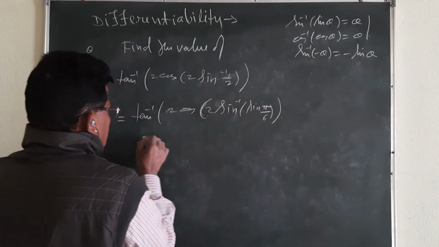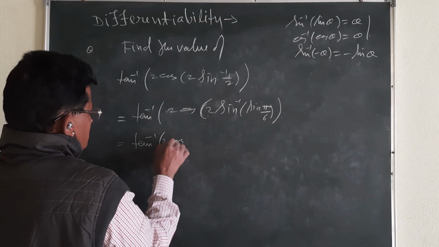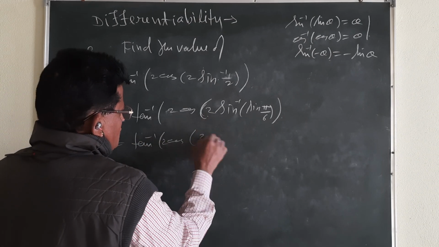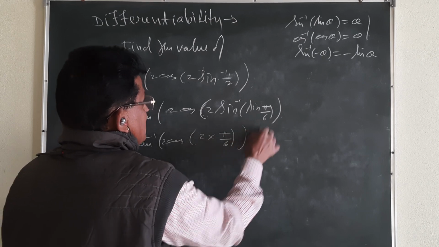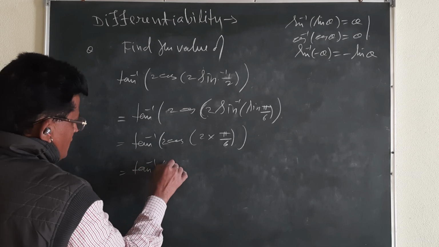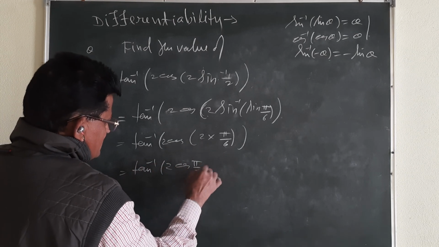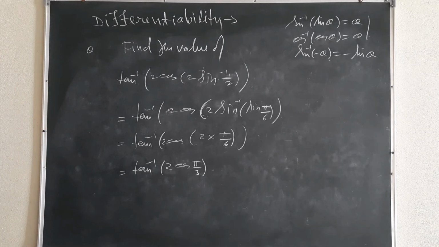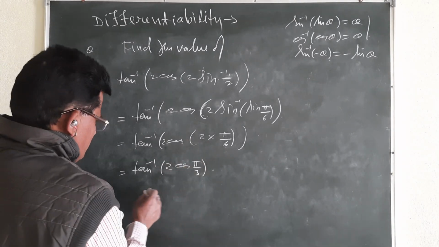It will be 2 cos, and it will be 2 into its value, pi by 6. As I have given already, tan inverse 2 cos, it will be pi by 3. Cancel, 6 by 2 is 3, pi by 3.